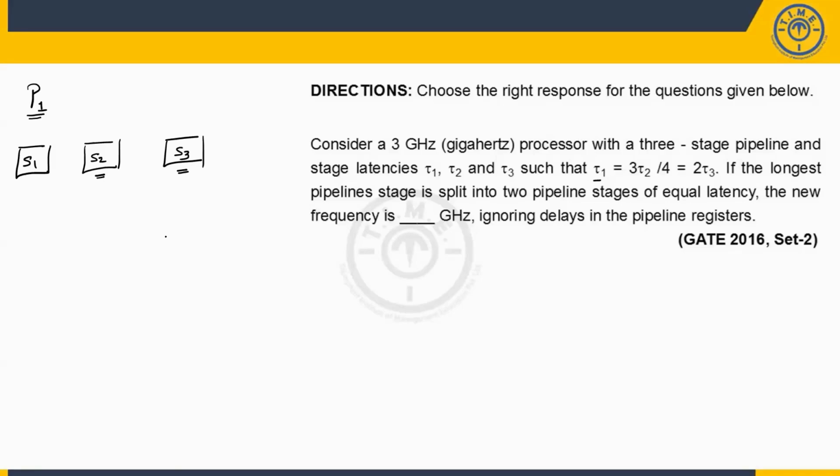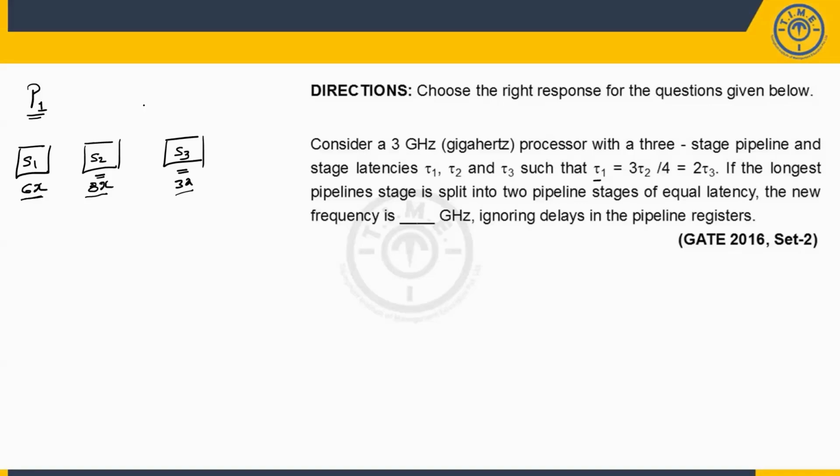If we take the LCM, I can get S1 as 6x, S2 is 8x, S3 is 3x. Here the simple cancellation factor is 3. Now, stage 1 latency 6x is 3/4 of 8x and twice 3x. So this is the stage latency.